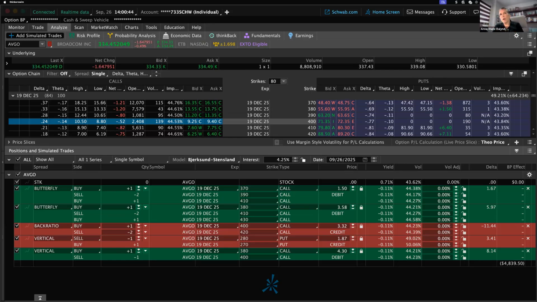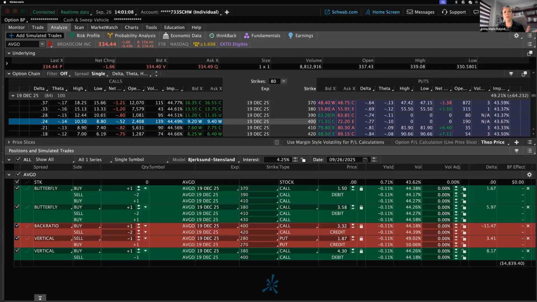Schwab, Merrill, Fidelity, all of those guys, they are trying to make it easier. And so literally most of them have drop-down menus that say, okay, I want to buy a butterfly, I want to sell a butterfly, I want to buy a spread, I want to do a back ratio.